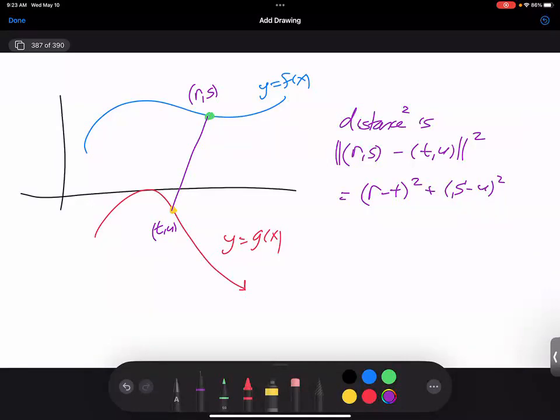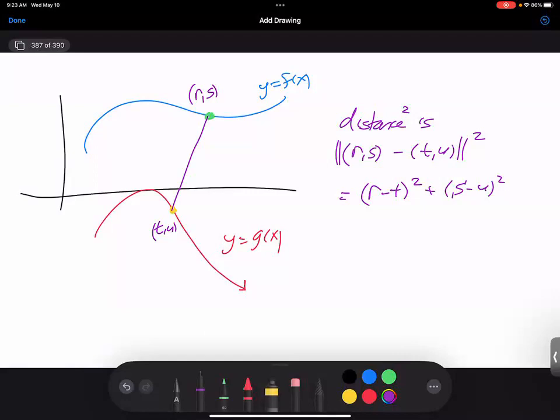That's just a constrained minimization problem. How would I do that? If I fix a point on the blue curve, how would I find the point on the red curve that's closest? What techniques do we know that would work?